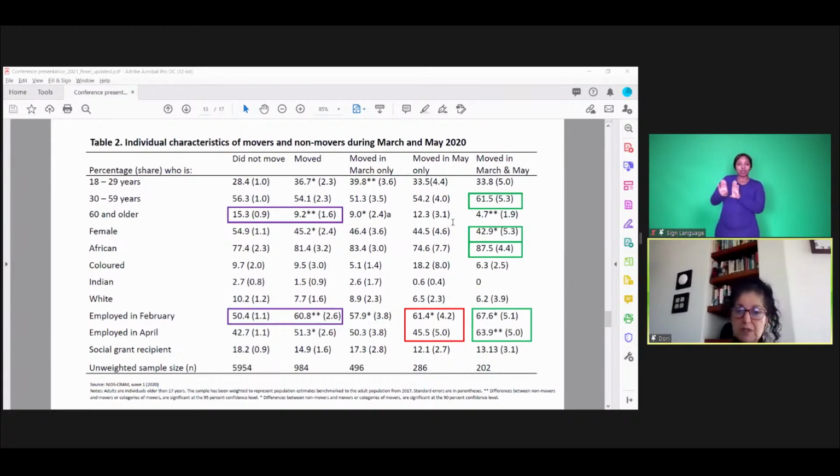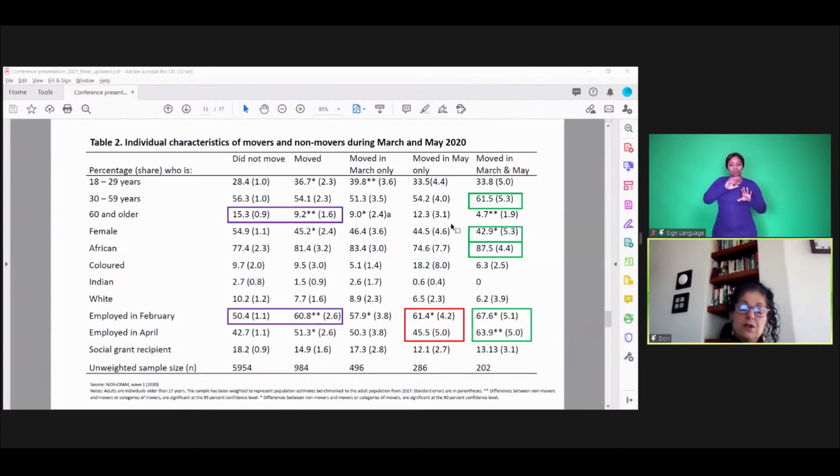When you look at the double movers, those who moved in both March and May, which is shown in the final column of Table 2, you can see that these double movers are distinctive in that they were the most likely of all adults to have been employed in February, and distinctively, they were the most likely to have retained employment in April. They were also significantly more likely to be African, more likely to be male, and significantly more likely to be of working age. Adults who moved only once, and particularly in May, were the most likely to have lost employment after the lockdown.